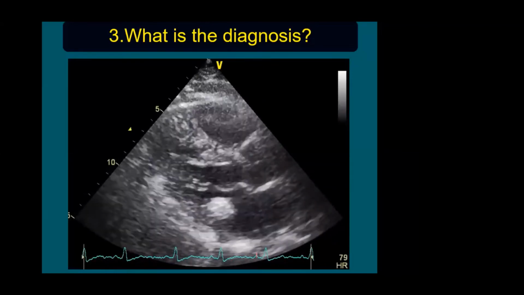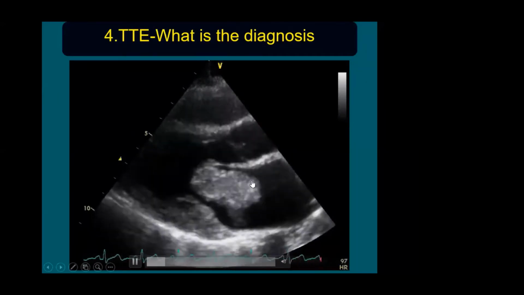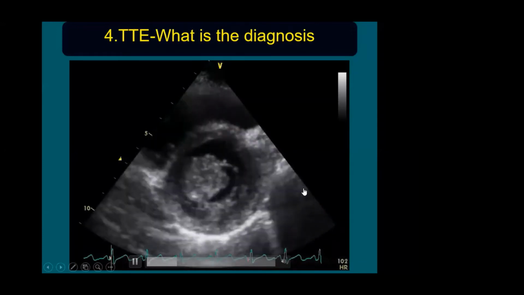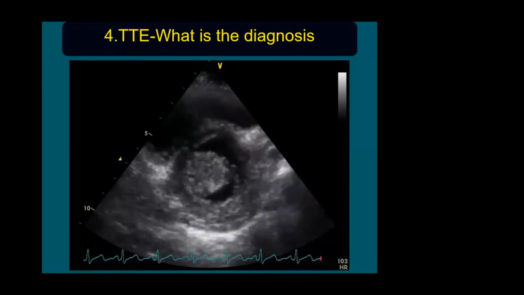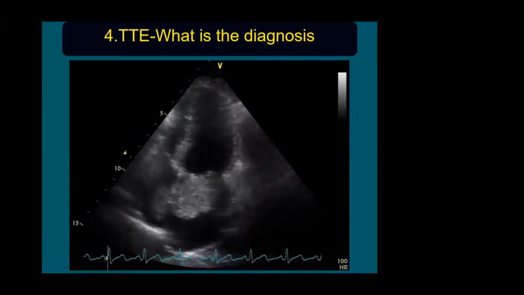And this is the fourth one. This is again the parasternal long axis view. You see a mass inside the left atrium, which is prolapsing into the mitral valve. See the clip in its entirety up to the end and write your diagnosis.